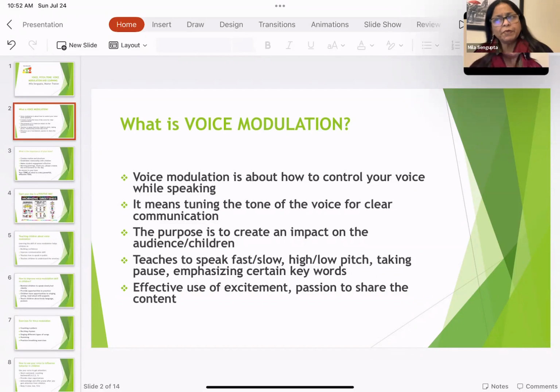So how do we speak? What are some of the different ways we speak? In general, we are going to talk about that first. Sometimes we speak fast, or sometimes it's needed to speak slow. Sometimes we use a high pitch, sometimes we use a low pitch.